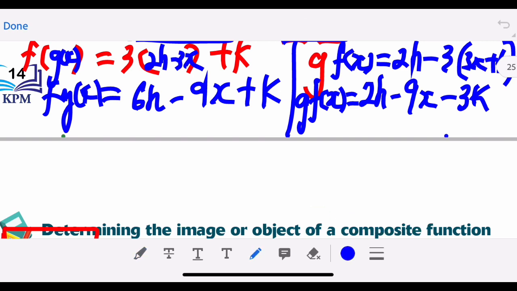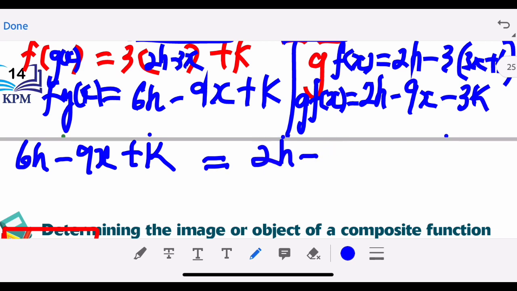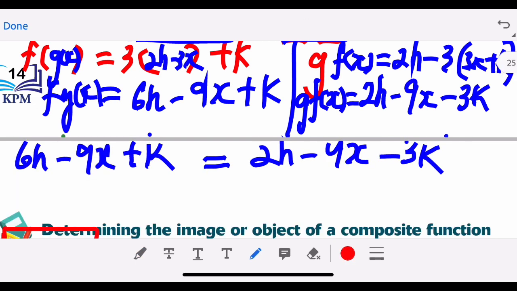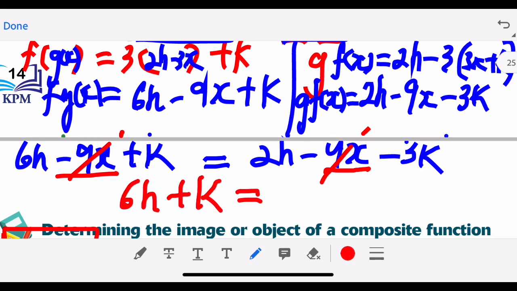So that means 6h minus 9x plus k is equal to 2h minus 9x minus 3k. Now let's do comparison. We see these two are equal, so we can cancel out. That means 6h plus k equal to 2h minus 3k.